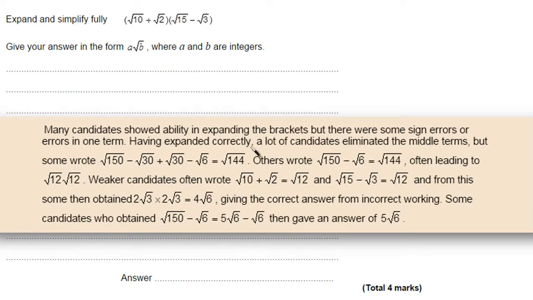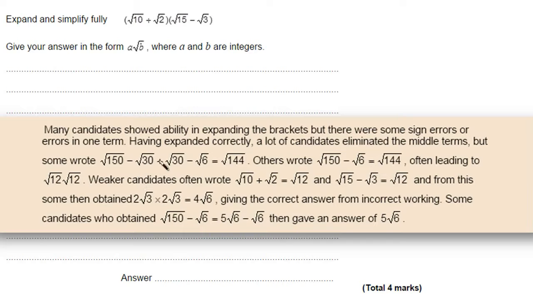Having expanded correctly, a lot of candidates then eliminated the middle terms. This is presumably the foiling. But some wrote 150 minus root 30 plus root 30. So that's the elimination of those middle terms. Minus root 6. They got that as root 144, which isn't correct. And others wrote 150 minus root 6 equals 144, root 144, often leading to a root 12 times root 12, which is incorrect.